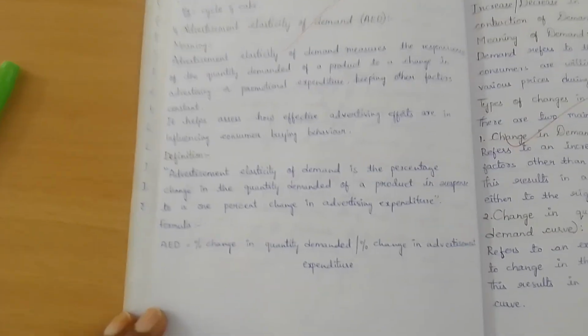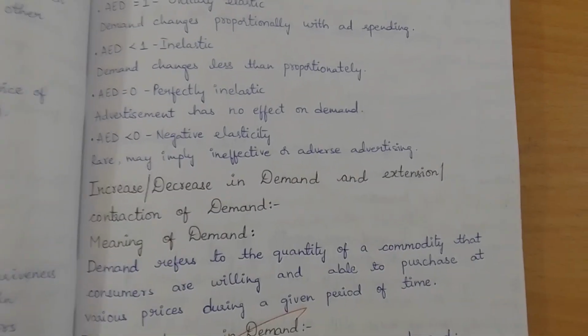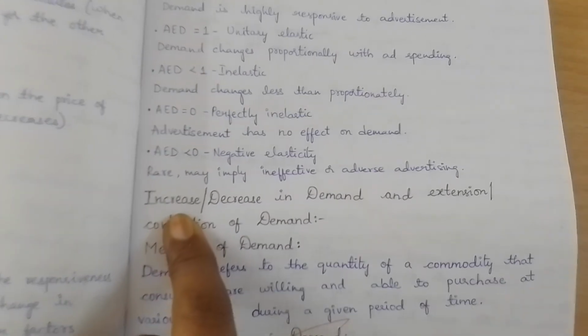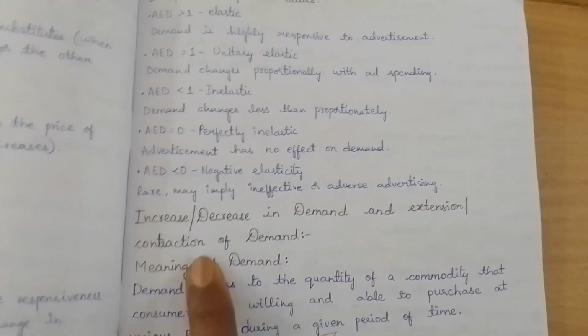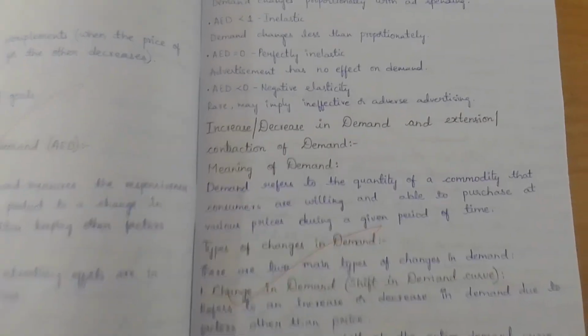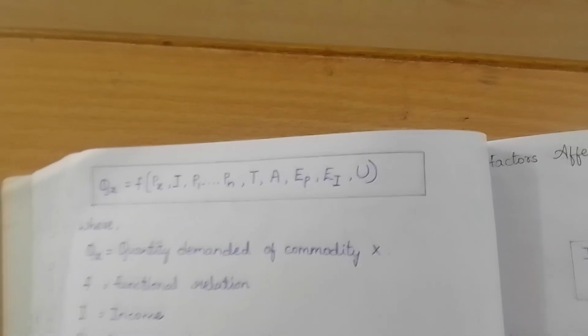Then comes advertisement elasticity. Now next most important topic of this unit is increase or decrease or extension and contraction. So there are 2 different topics. First is increase and decrease, and the other one is extension and contraction. Okay. The graphs for both of them are very different. Now I have told you about the demand function here. Okay. So looking at this demand function, you can determine increase and decrease.